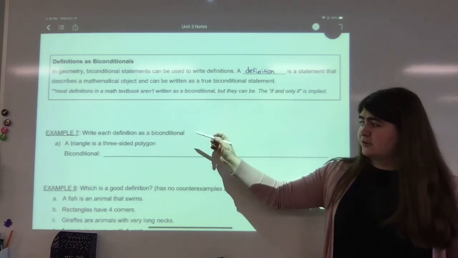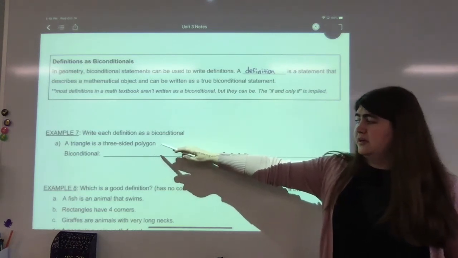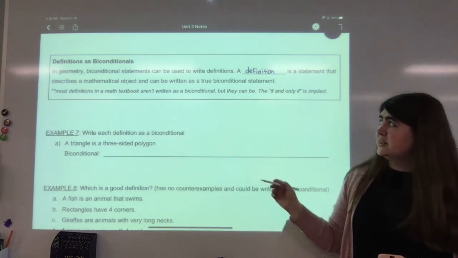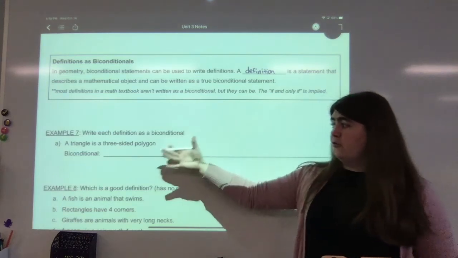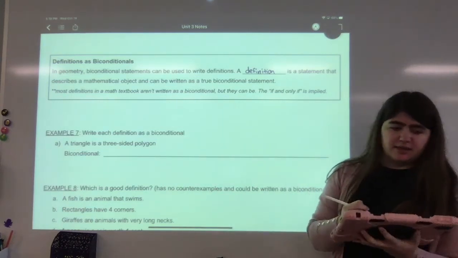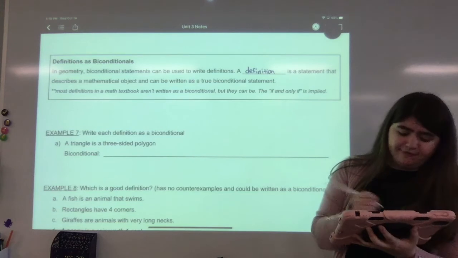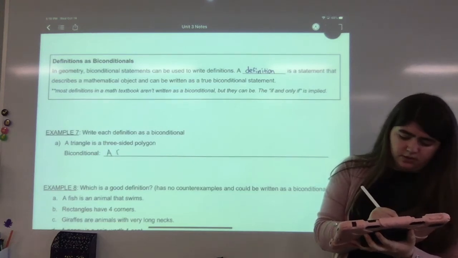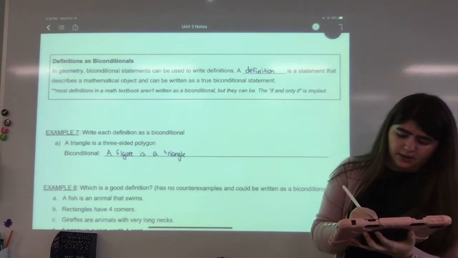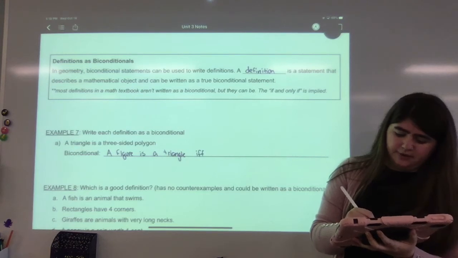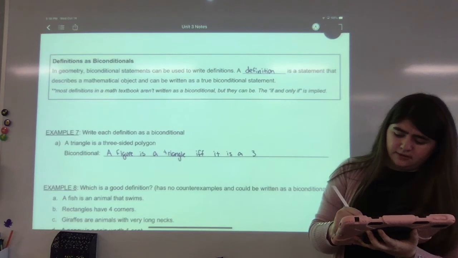For example, number 7, we have: a triangle is a 3-sided polygon. If I write that as a biconditional, it will be true and it will be a definition for a triangle. A figure is a triangle if and only if it is a 3-sided polygon.